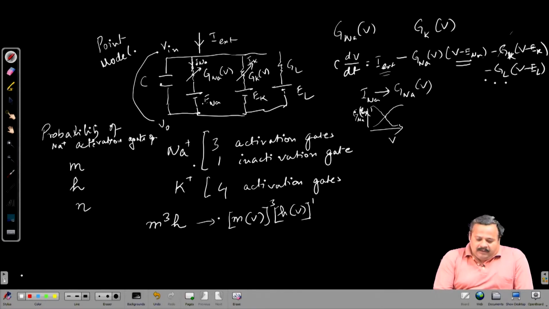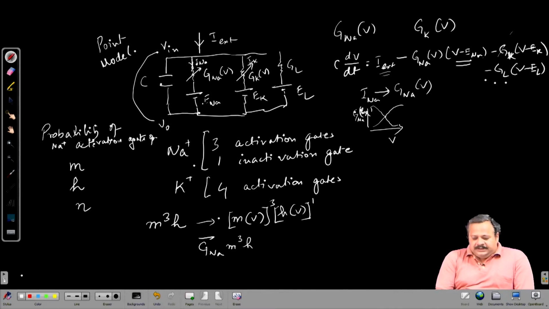If we can measure the total sodium conductance of the neuron, that is, the conductance when all the sodium ion channels are open, and call it GNA bar, then for particular values of M and H, on average the sodium conductance will be GNA bar times M cubed H, where implicitly these are functions of voltage.